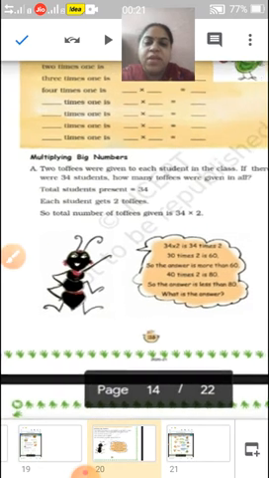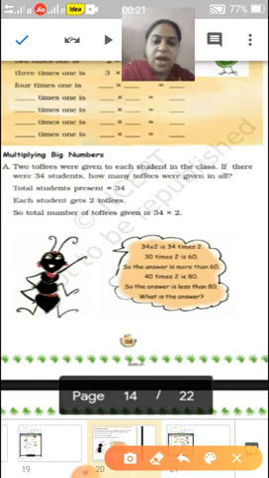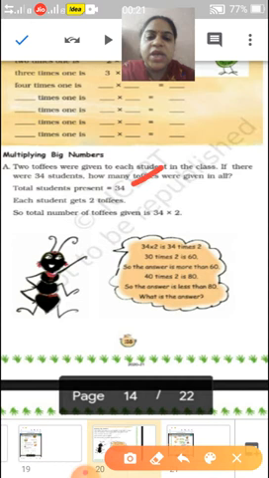Multiplying big numbers. Now we have done small multiplication. Now we are talking about multiplying big numbers. 2 toffees were given to each student in the class. If there were 34 students, how many toffees were given in all? Total students present is equal to 34.